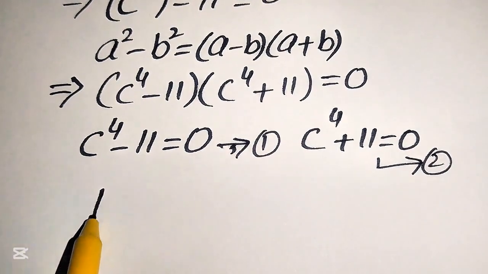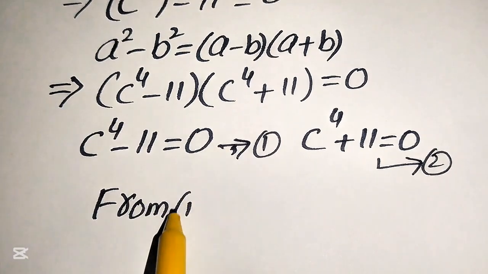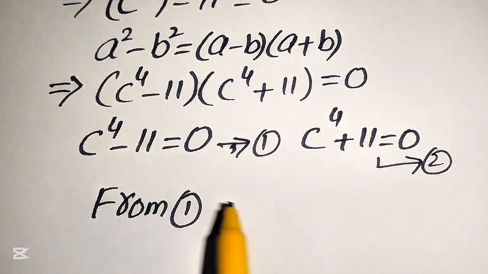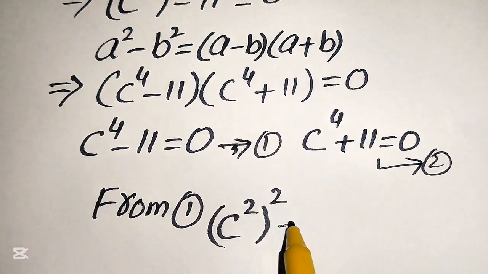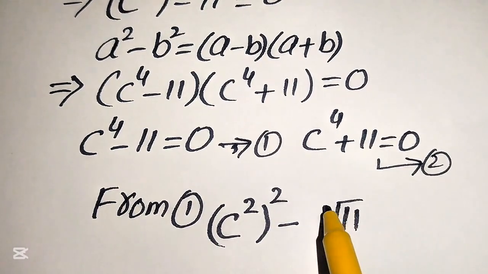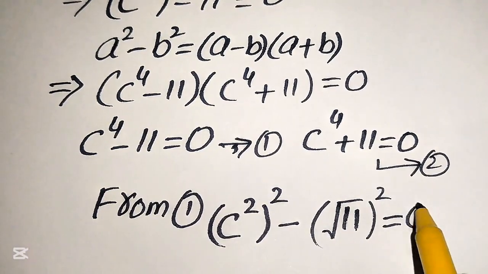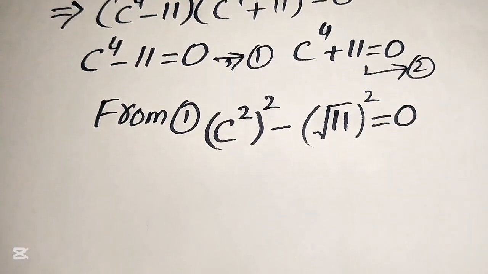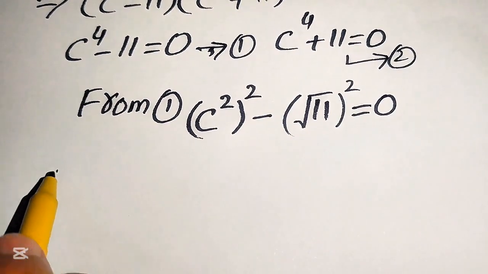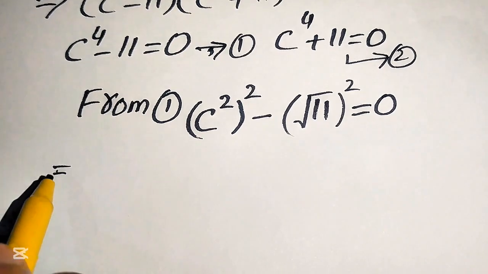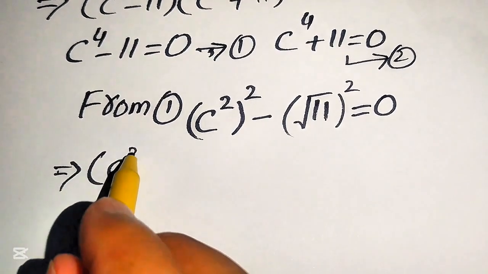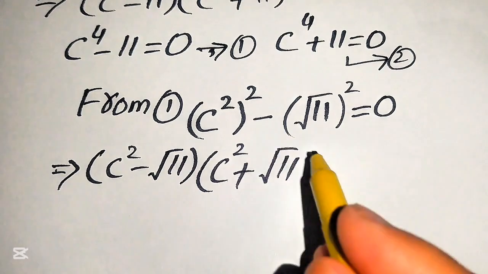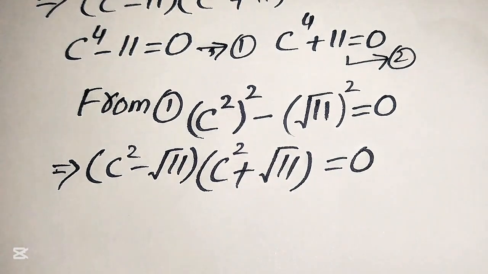So first we focus on equation number 1. We rewrite it as c square, its whole square, minus square root of 11, its whole square, equals 0. Now we again apply this formula, and we write this equation as c square minus square root of 11 into c square plus square root of 11, and this whole equation equals 0.